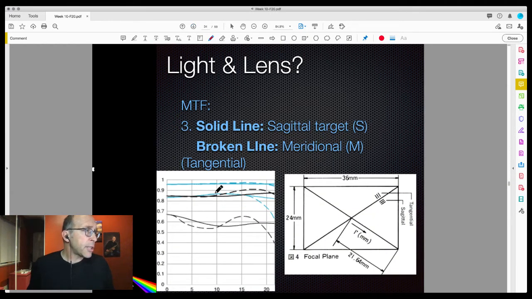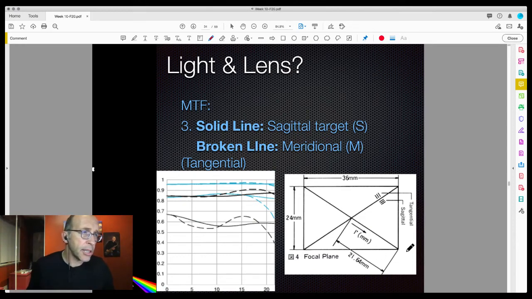So the other thing you'll notice is that there are some solid lines and some dashed lines, or broken lines is another word for dashed lines. Well, that's because they also want to measure how good the lens is doing at handling astigmatism. So you might recall last week we talked about astigmatism, and that's where lines that go one direction have a slightly different sharpness value than lines going at a 90-degree angle to that.